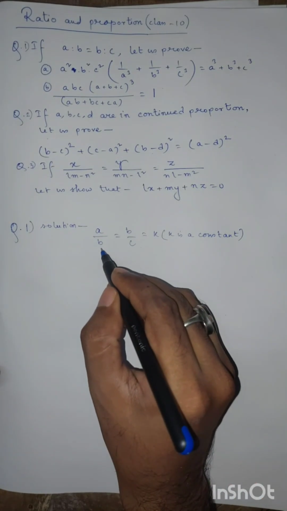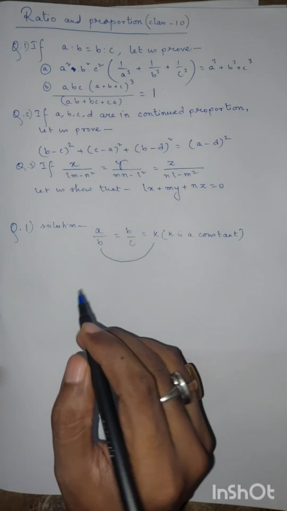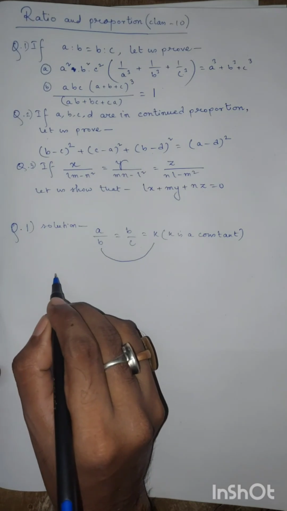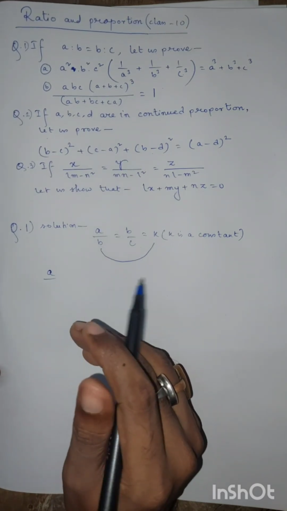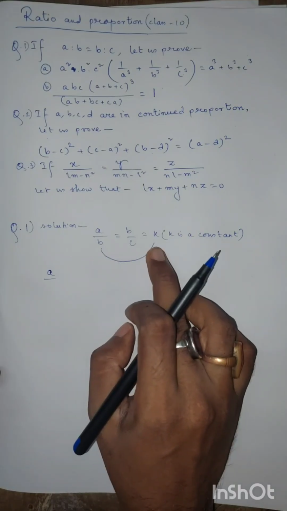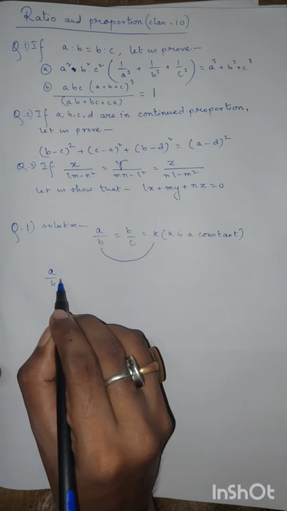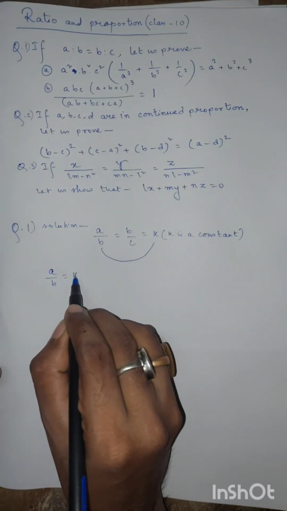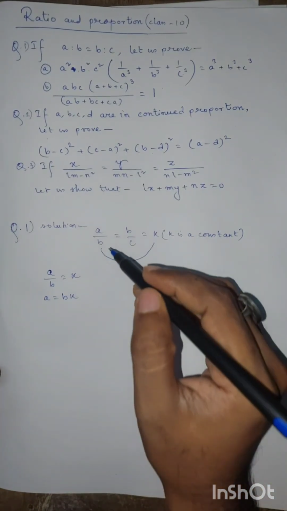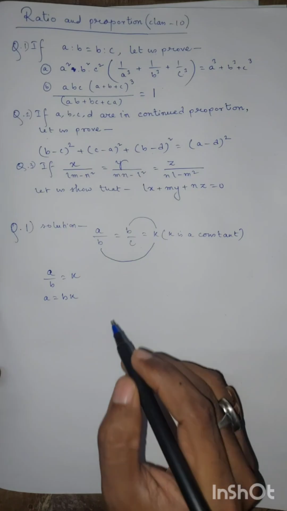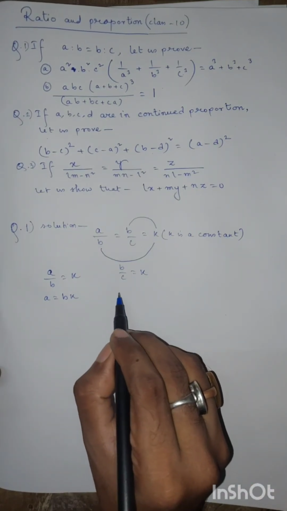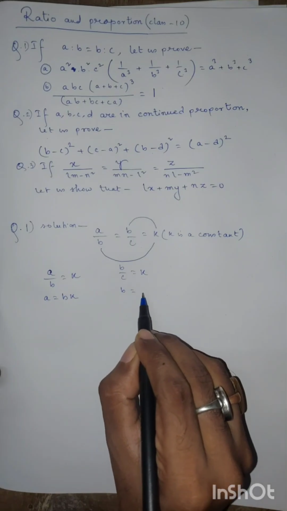So from these two relations we can say, from the first relation a by b is equal to k, we can say a is equal to bk, and from the second relation b by c is equal to k, we can say b is equal to ck.